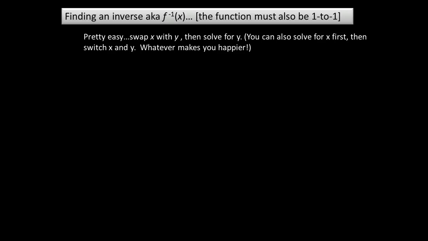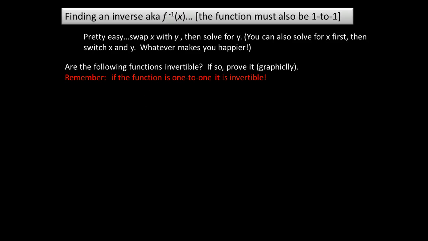You can also solve the function for x and then switch x and y at the end. Exactly the same method. You end up mathematically doing the same things, so whichever method makes you happier. By all means, if you want to solve first and then switch the variables, you can do that, or you can switch the variables first and then solve. Whatever makes you happiest.